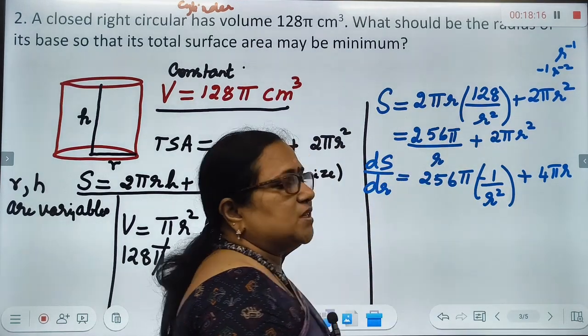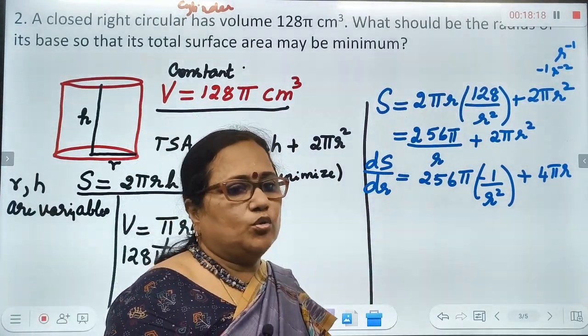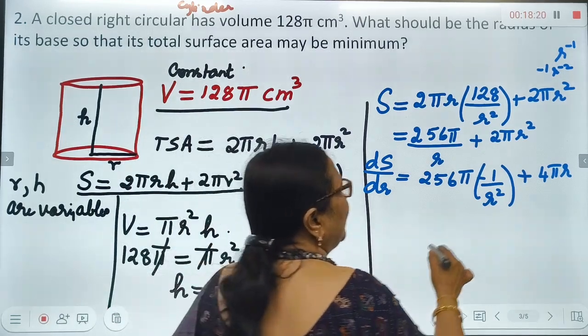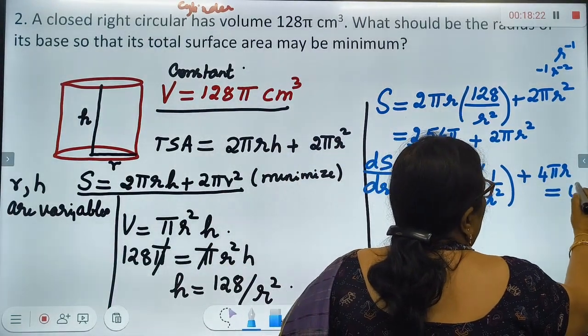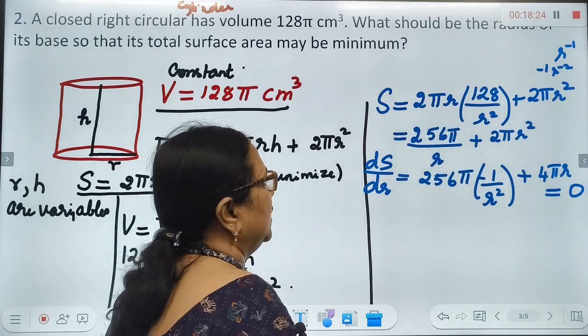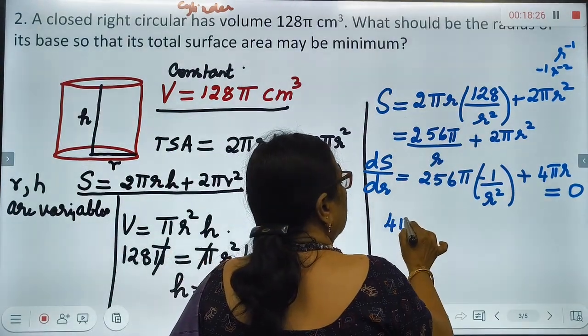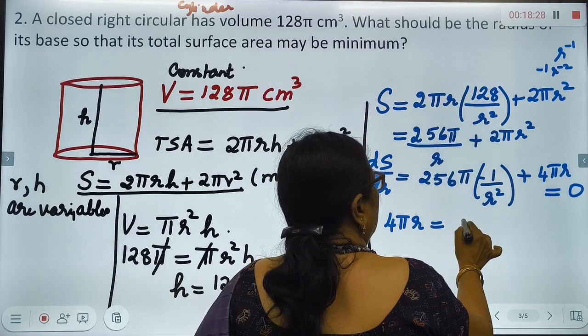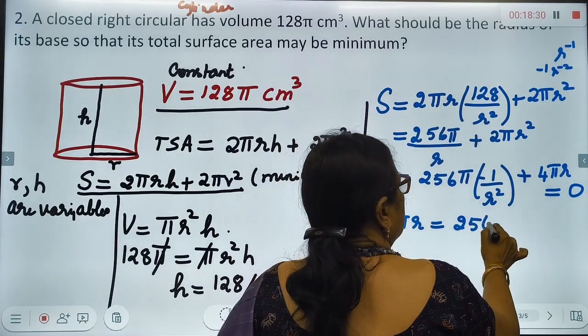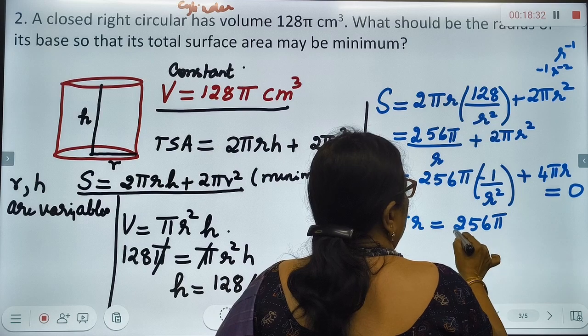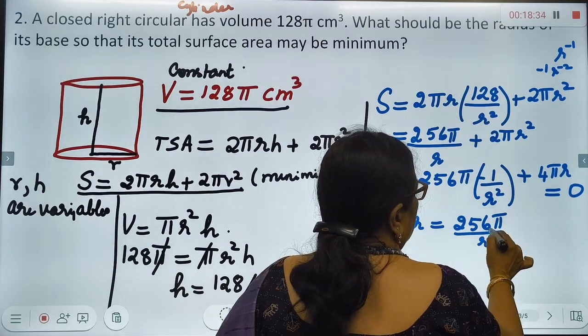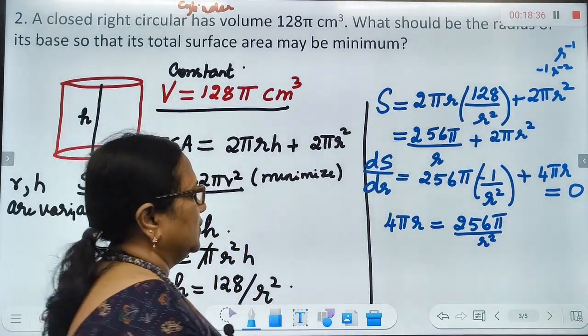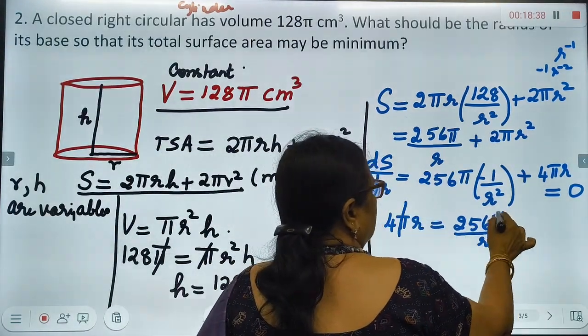2 pi, keep it as it is. If you differentiate r square, you get 2r. Now to find the critical point, equate it to 0. Okay. So 4 pi r is equal to 256 pi by r square. Pi gets cancelled.